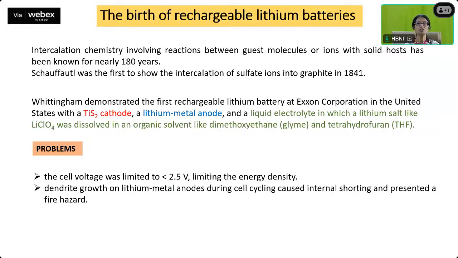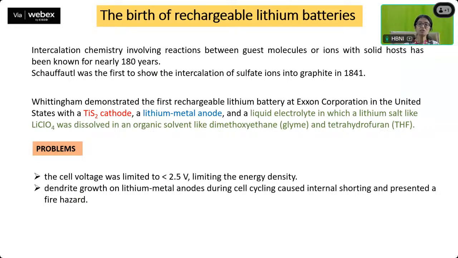Intercalation chemistry basically involves reaction between guest molecules or ions with a solid host, and this has been known for almost 180 years. Schafhaeutl was the first to show the intercalation of sulfate ions in graphite in 1841. So way back, this intercalation of ions into graphite was discussed and shown.